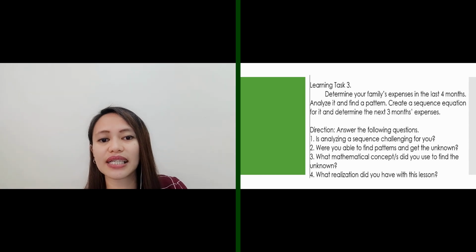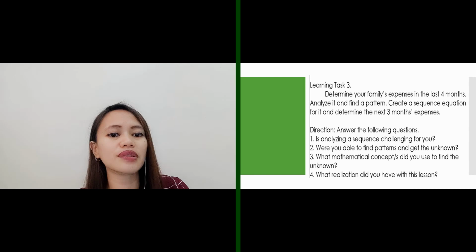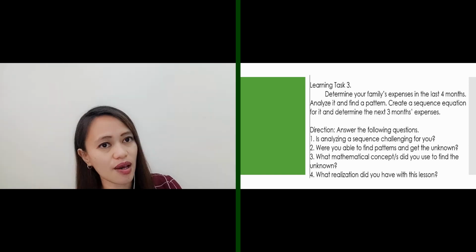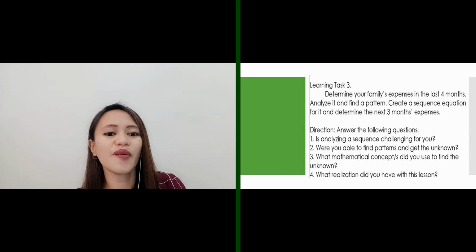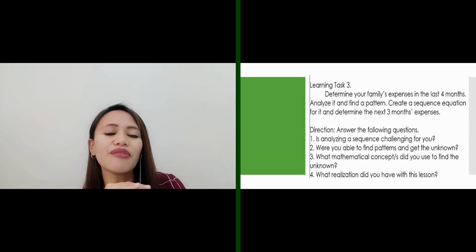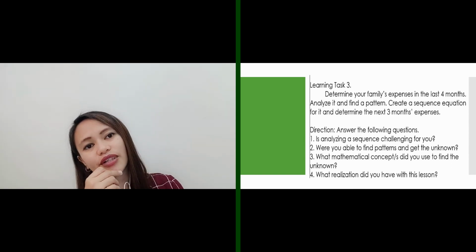First, is analyzing sequences challenging for you? 2. Were you able to find patterns and get the unknown? 3. What mathematical concept or concepts did you use to find the unknown? Number 4. What realization did you have with this lesson? If you have questions, you can just send me a personal message for that. Okay?